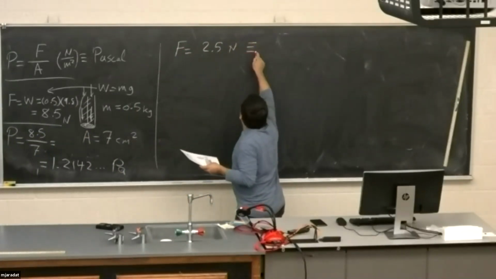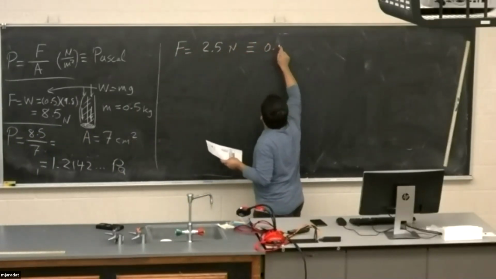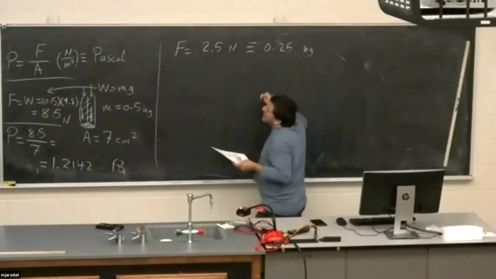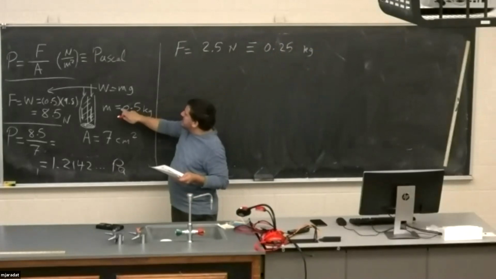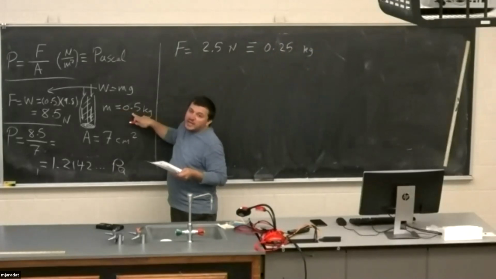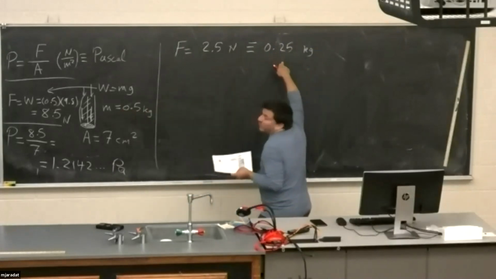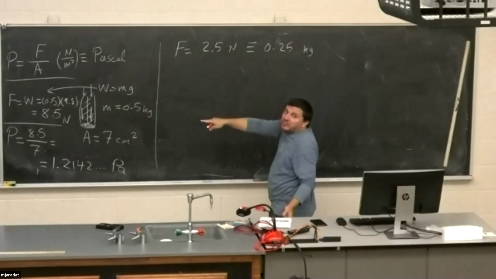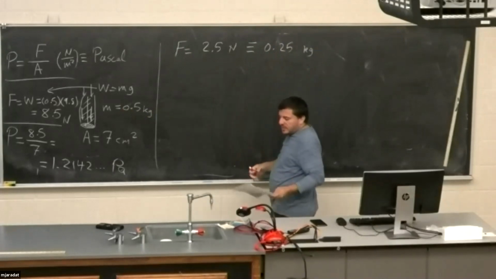It is equivalent to 0.25, a quarter kilogram. It is less than the mass of the bottle. The bottle has a mass, this water, half kilogram. This is half of it. So you push by a half of this mass.